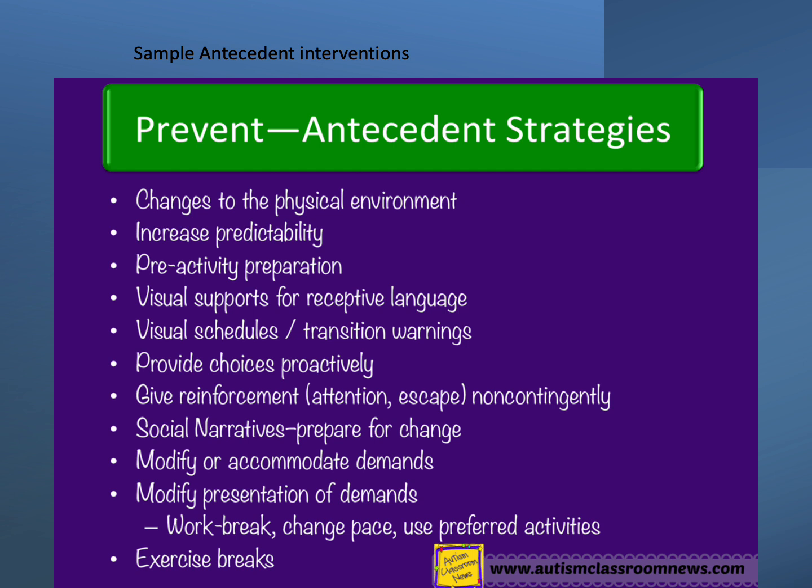And so when we teach our clients these different skills where they're able to advocate for themselves, we're able to help them gain reinforcement by engaging in these appropriate alternative behaviors, and then that mitigates the need for them to engage in problem behaviors. So oftentimes when we teach simple advocacy skills, that also is a great antecedent strategy, and we're able to then reduce the likelihood of problem behavior occurring.